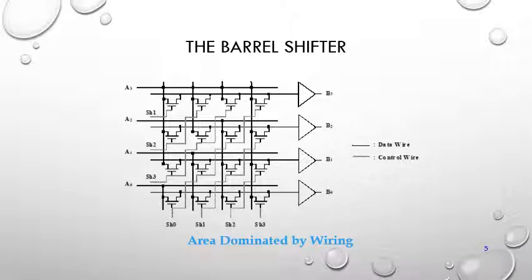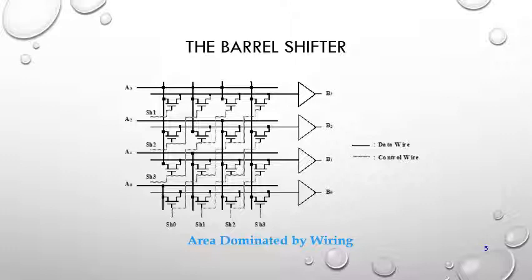This is the barrel shifter. We follow n bits, here 4 bits, and each and every bit is followed for shifting the position. This is the data wire and this dotted one is the control wire.